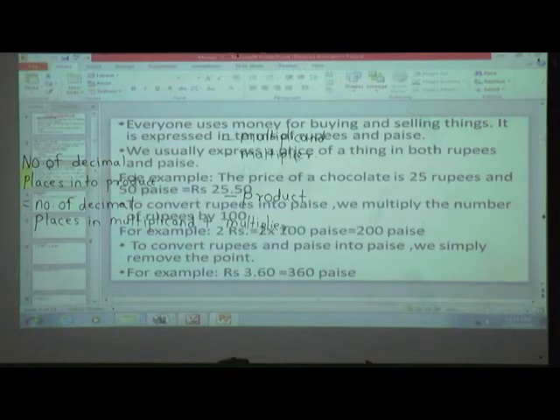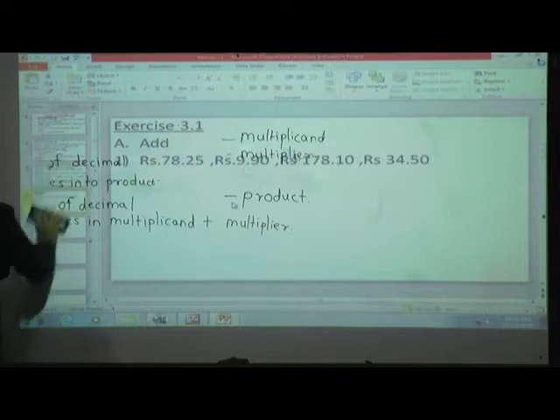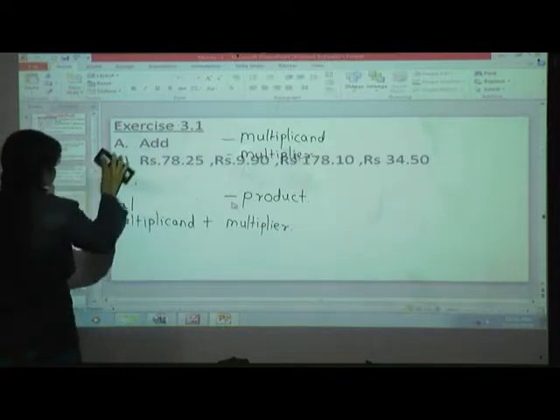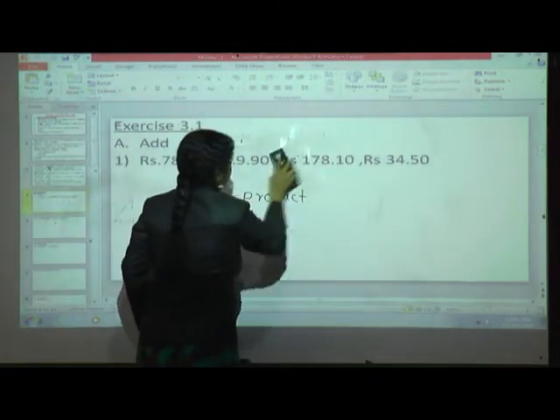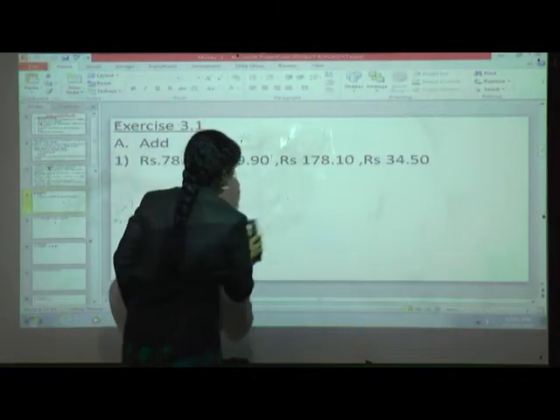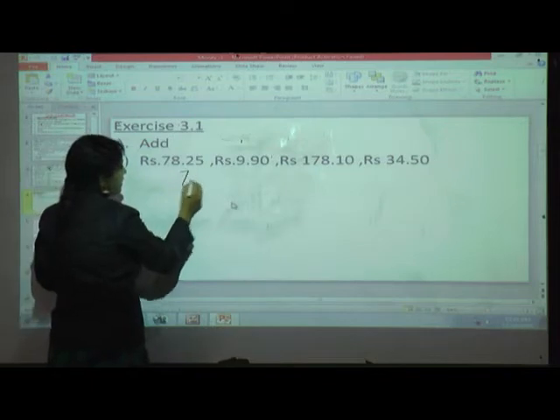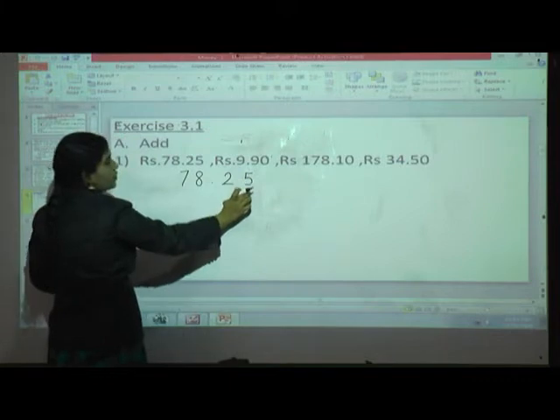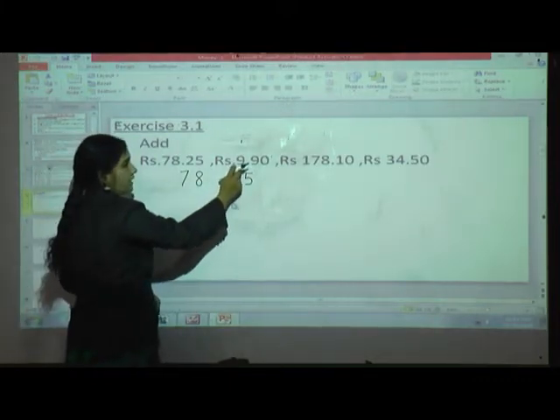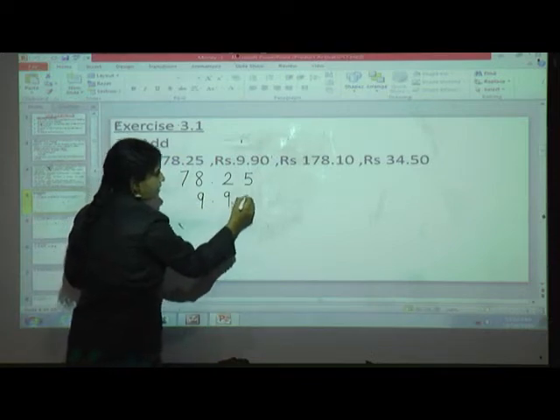Here exercise 3.1, first question, add. Now we will see how to add these numbers. Students, here 78.25, that means 78 rupees 25 paise. Now the second one, 9.90.